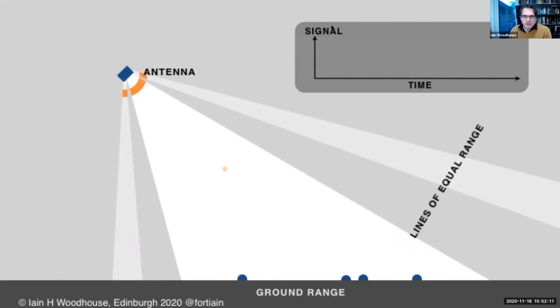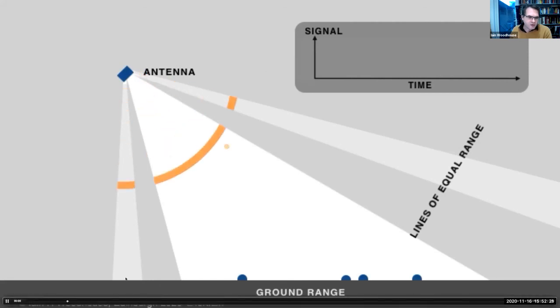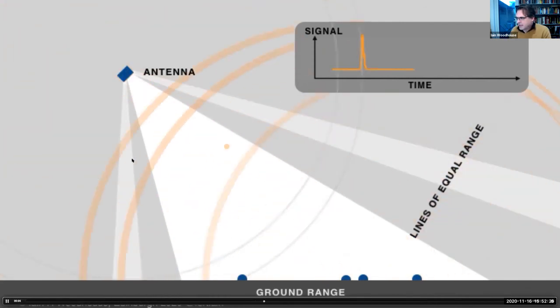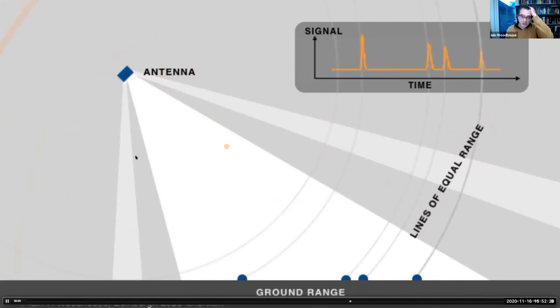The way that we handle that is quite clever: we just time it. Whenever the echo comes back from the nadir point, that's when we transmit another pulse. So we transmit a pulse every time the nadir echo is due back, and we'll not have a problem.